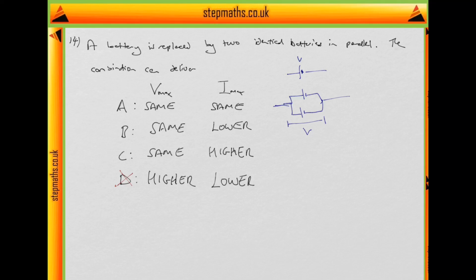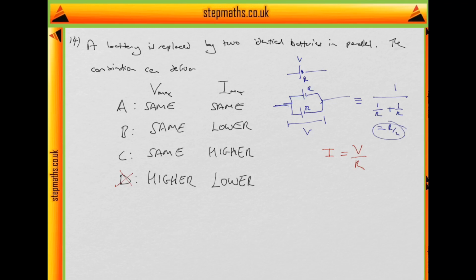Okay, well the only way to think about it is the current. So what do we know about current? Well, current is voltage divided by resistance. So we've deduced that the voltage is the same. So we should think about what the resistance is. Well, in parallel, we add the reciprocals. Say we called the resistance R. Each of these has resistance R, but the combined resistance would be the sum of their reciprocals, and that's equal to R over 2.